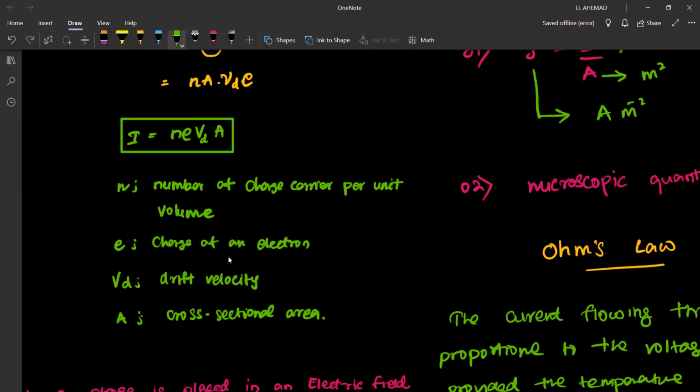This current I depends on area also. Area is a macroscopic property, so current becomes a macroscopic property. Got it? Because you can measure current.